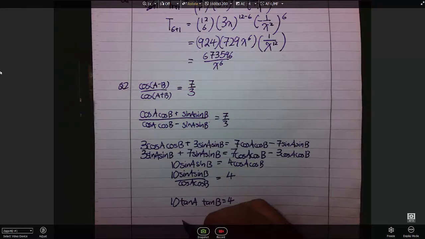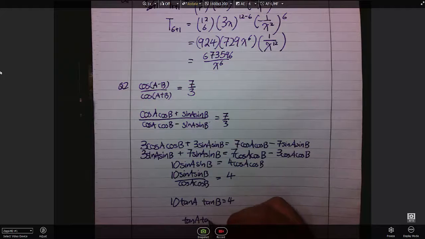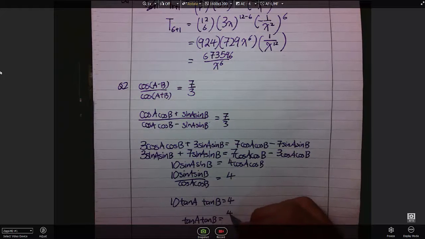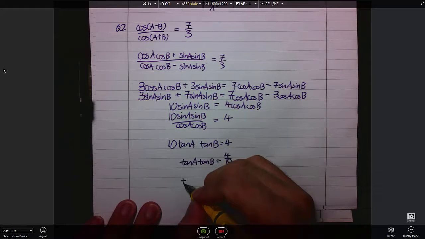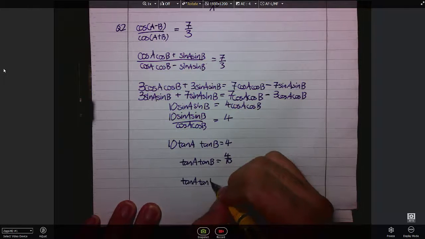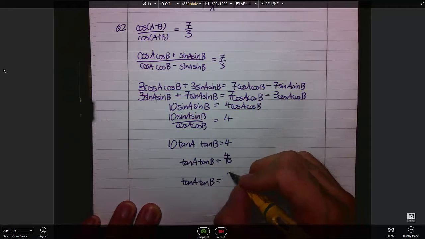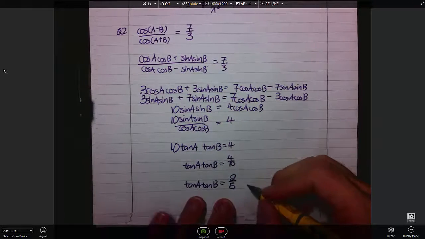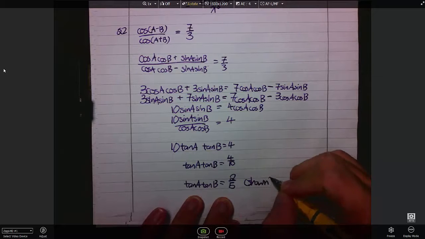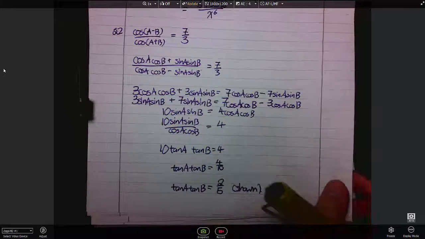You divide both sides by 10, you get 4 over 10, and then you just simplify, it is equal to 2 over 5. And that's it. It is shown. And that is question 2.